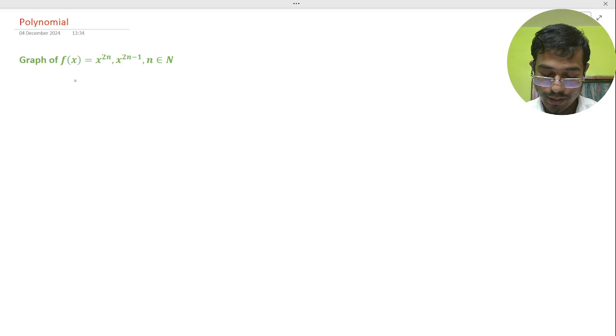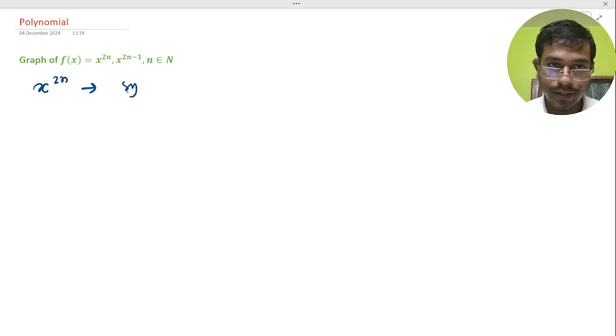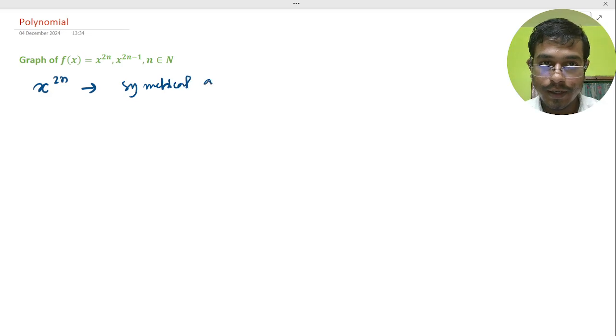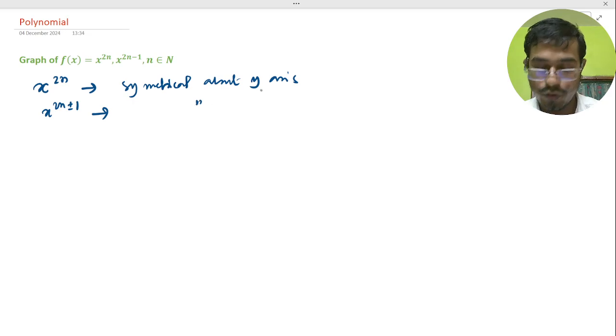The even function, x to the power 2n, is symmetrical about the y axis, and the odd one, x to the power 2n minus 1, is symmetrical about the origin, or opposite quadrants.